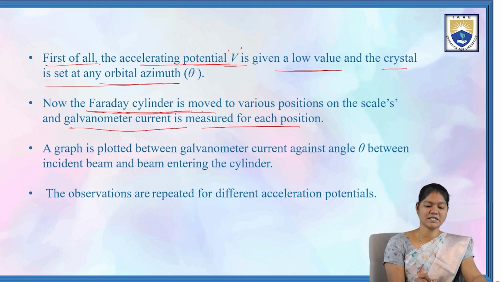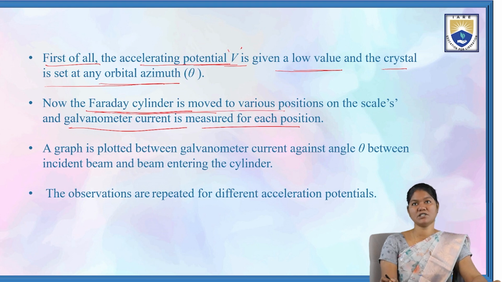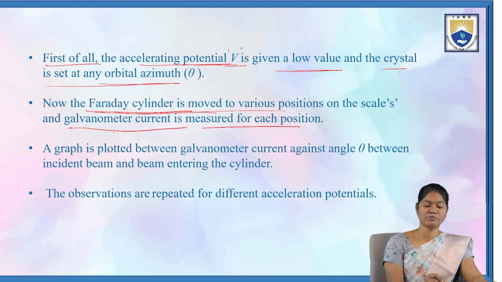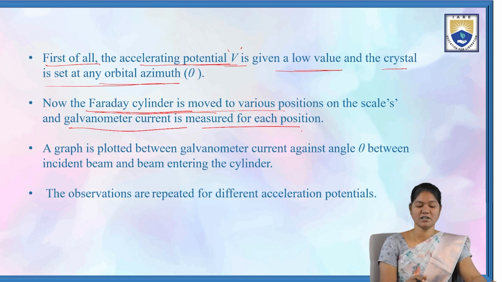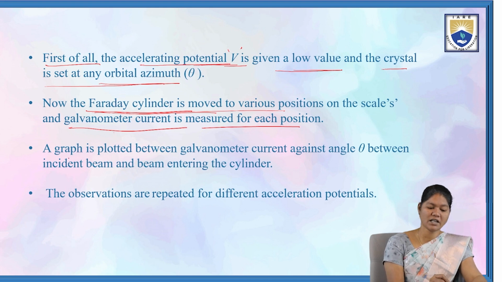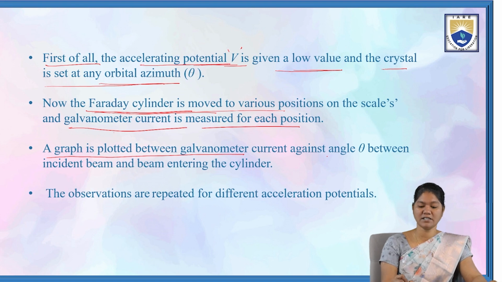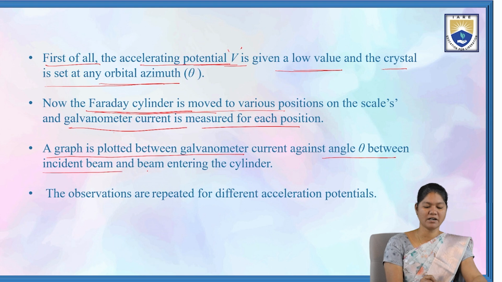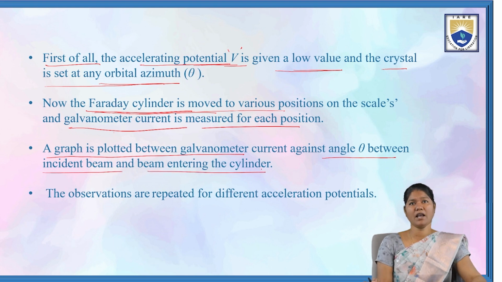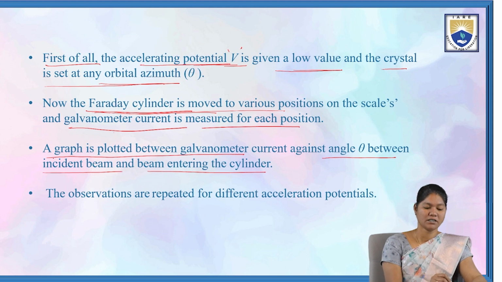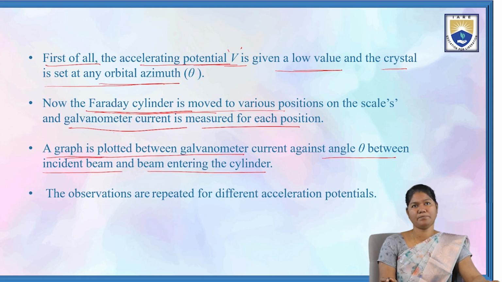The Faraday cylinder is moved to various positions and the galvanometer current is measured for each position of the scattered electrons after hitting the target crystal. Then a graph is plotted between galvanometer current against angle theta, between the incident beam and the beam entering the cylinder.